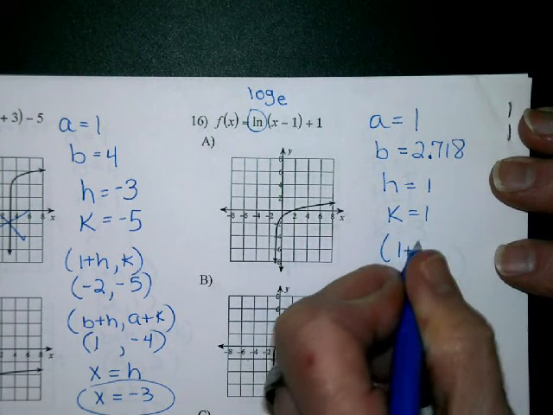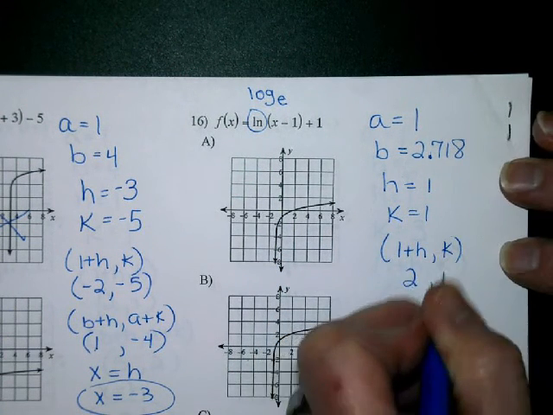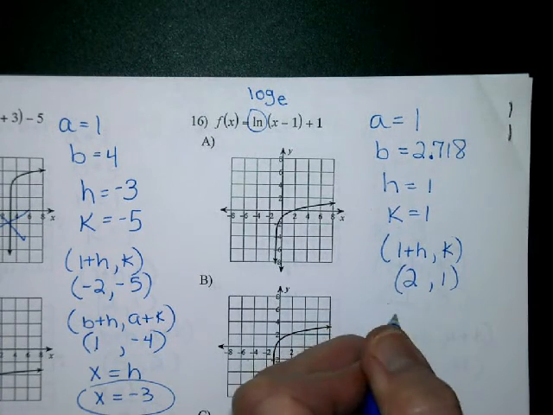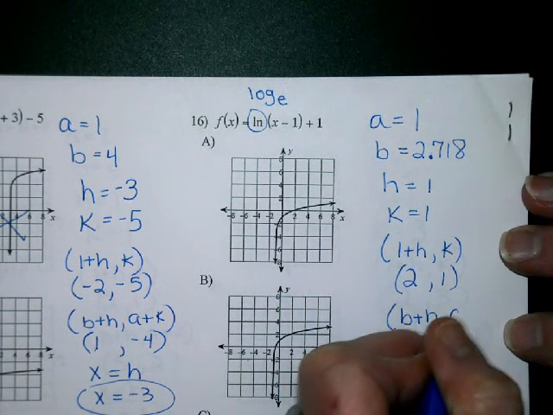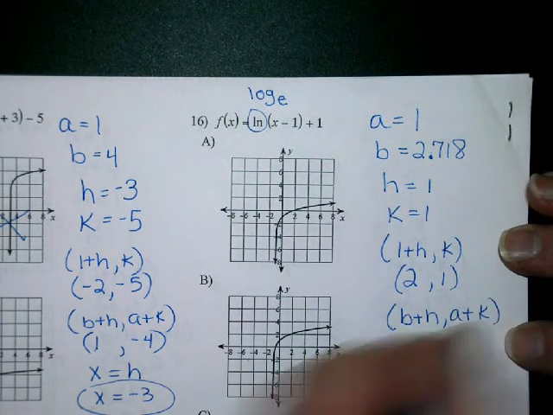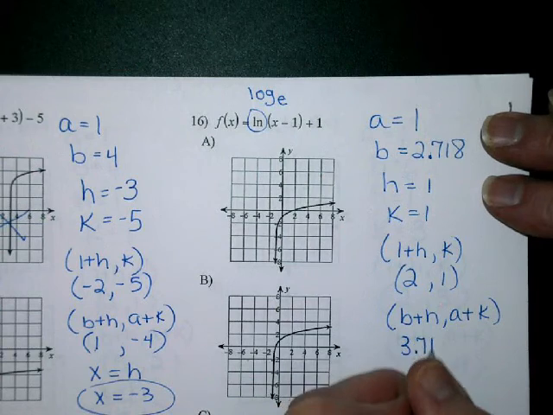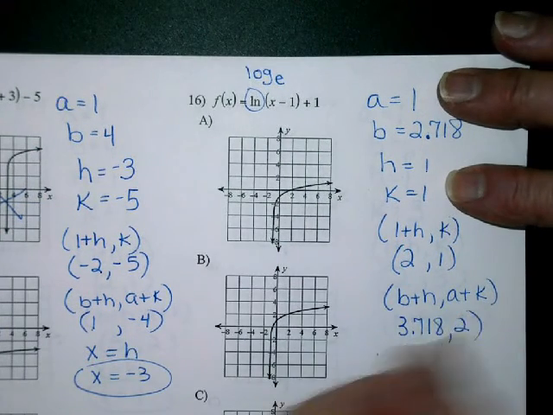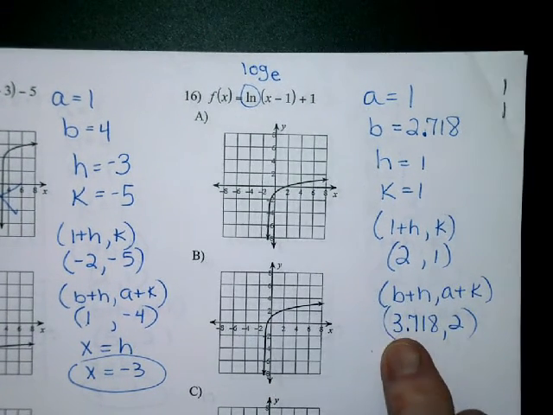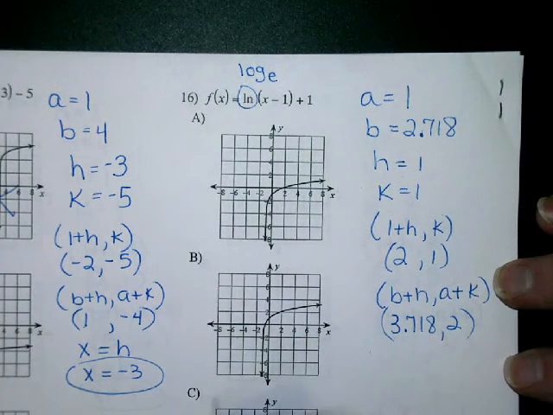Because I got to get H. H is a positive 1, K is a positive 1. And I do my story, 1 plus H and K. That's 2 and 1. And then B plus H and A plus K. That's 3.718 and 2.